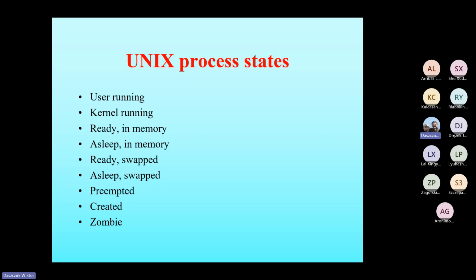This is the problem of synchronizing those processes. A child, when it finishes, changes to state zombie. Zombie is a state in which a child waits for the parent to ask for a state of the child.